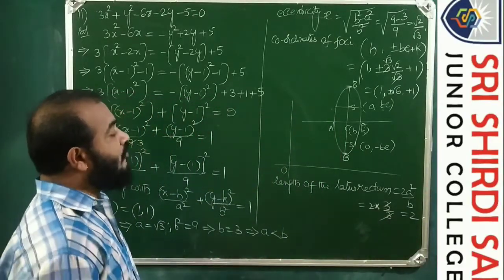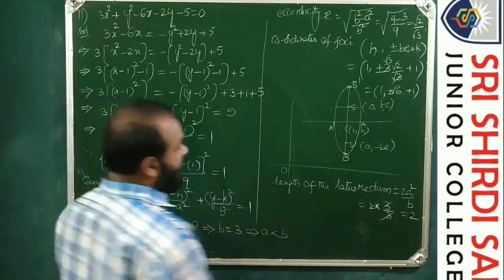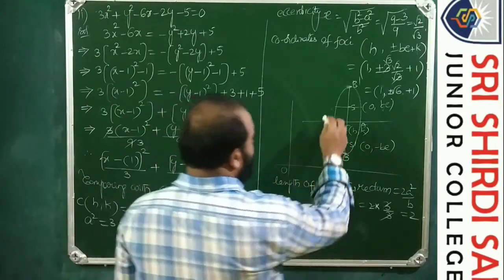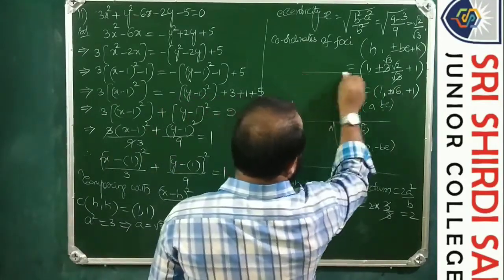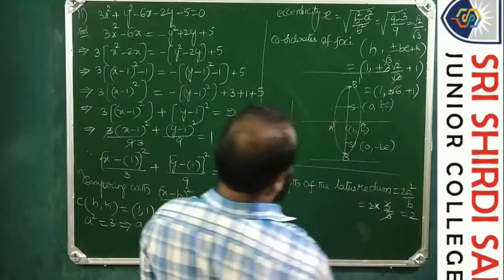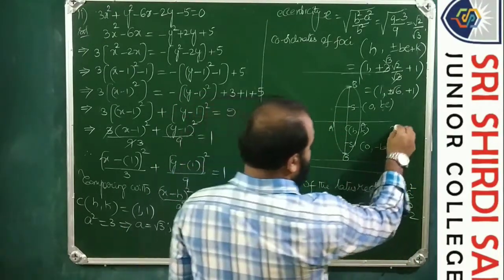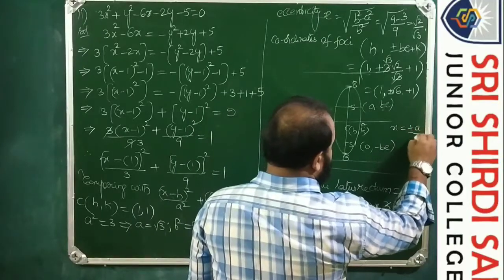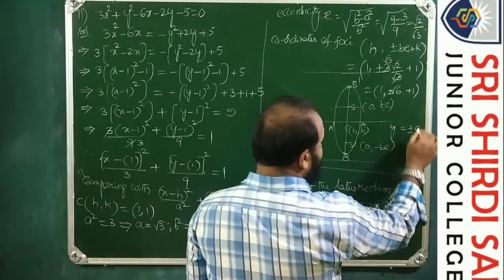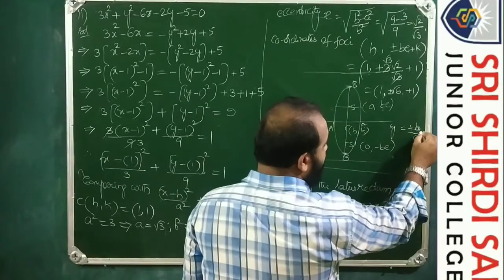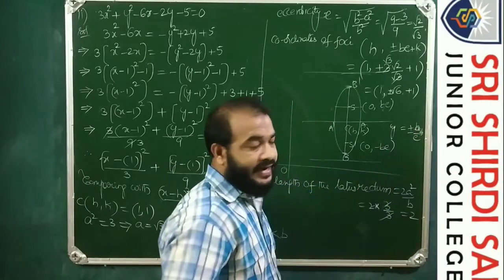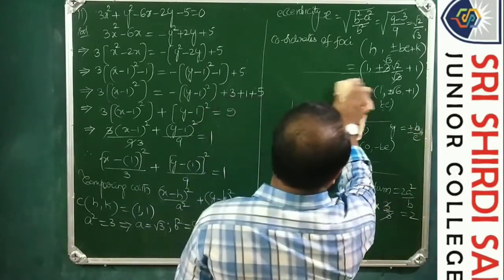And the equation of the directrices. For this is the directrix, and for this is the directrix. In the last problem it was x equals plus or minus a by e, but here it is y equals plus or minus b by e, and additionally k would be added. So let us do that.